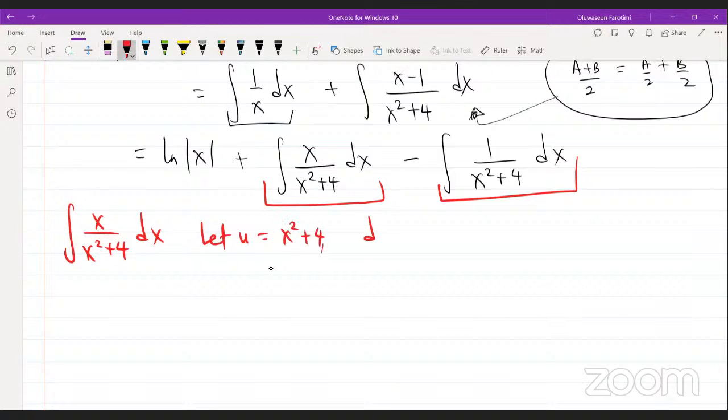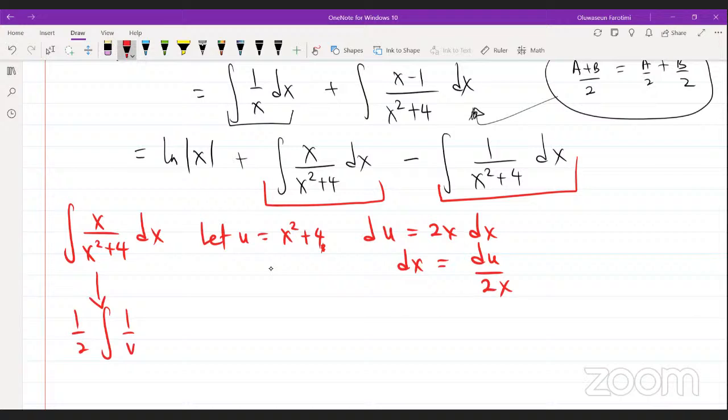And then du is going to be 2x dx, which means my dx is du over 2x. So that apparently means that this guy becomes 1/2 (1/u) du. And this is actually 1/2 ln of u plus, let's say, c1, which is just a constant, right?